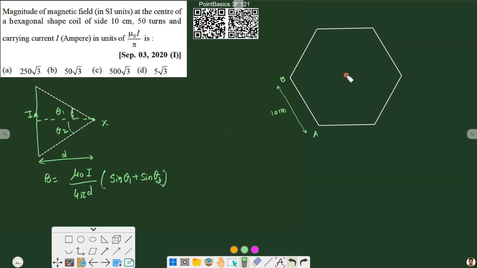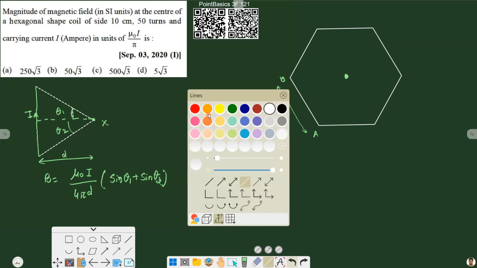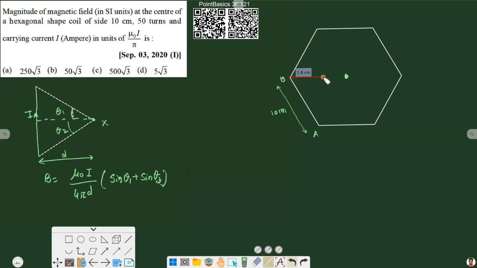As this has a center and this side is 10 centimeters, if we join the center, say O, to these two vertices, we can form six similar structures like this.